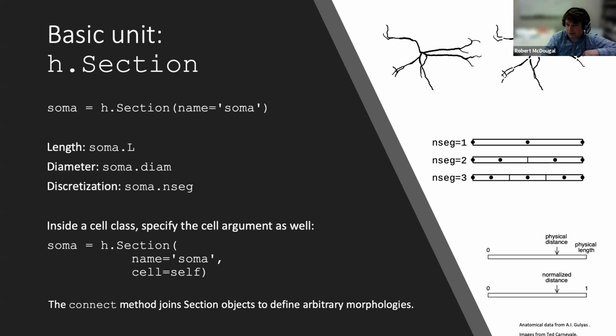You'll notice that I'm emphasizing odd numbers. Anybody remember why we like odd numbers for nseg? So that there is no ambiguity regarding the midpoint of the section. Exactly. If there's an even one, the midpoint doesn't really belong to either segment. It's exactly at the boundary.